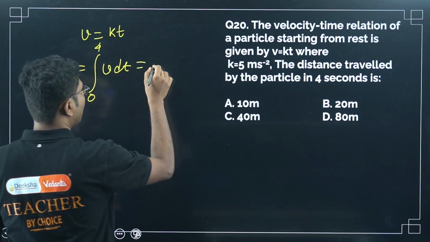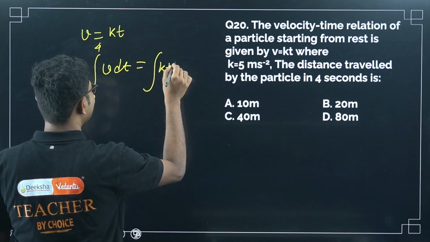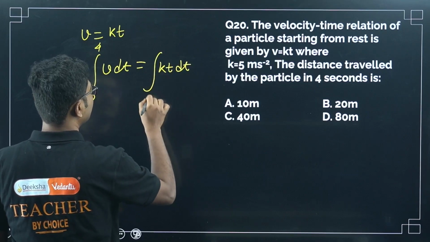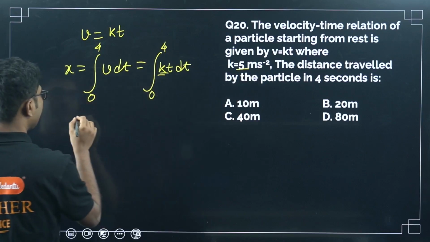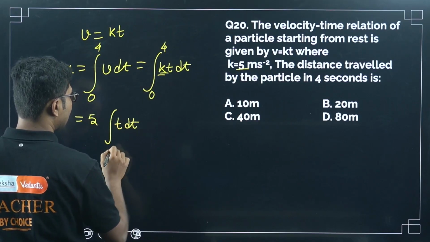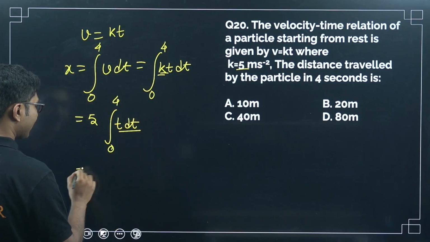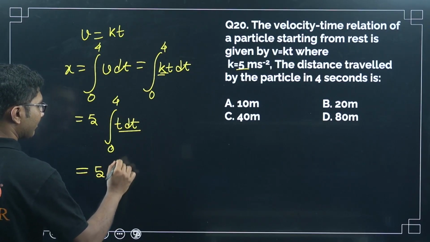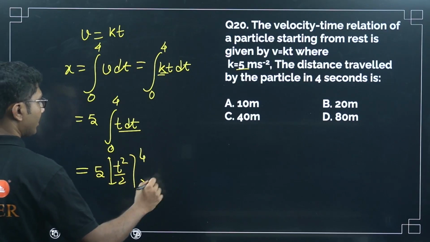So V is kT dt, 0 to 4, k value is given 5, so it will be 5 t dt, 0 to 4, t dt means x dx. What is the integration of x dx? t square by 2, 0 to 4, right.